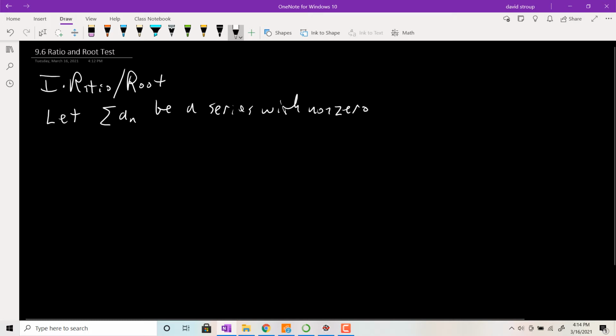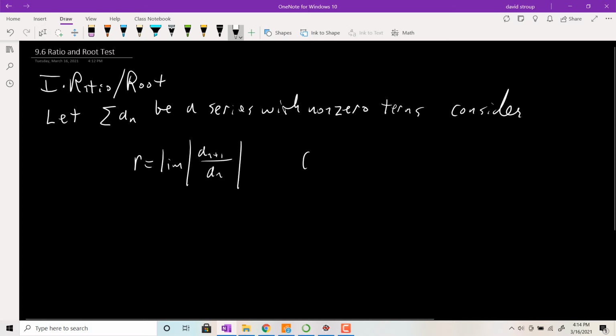So let the series a sub n be a series with non-zero terms, and then consider one of two objects. For the ratio test, you consider this number r, which will be the limit of the absolute value of a sub n plus 1 all over a sub n. This is the ratio test.